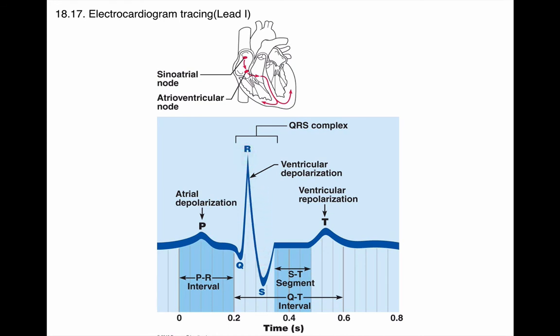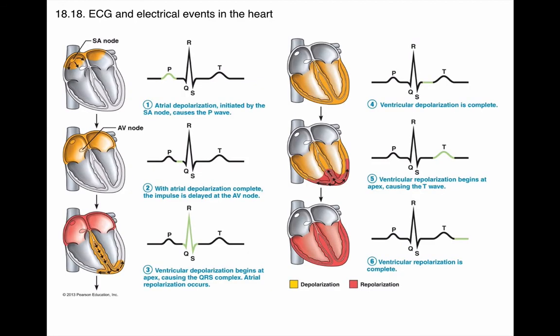So when we're dealing with this later, here's the basic pattern for how these electrical events match onto where the activity of the heart is actually happening. On these pictures, the parts of the heart that are depolarizing are shown in yellow, and the repolarizing parts are in red.